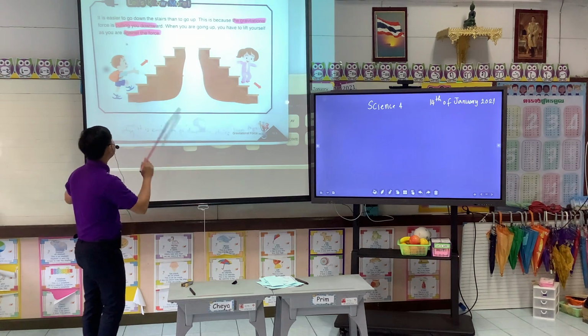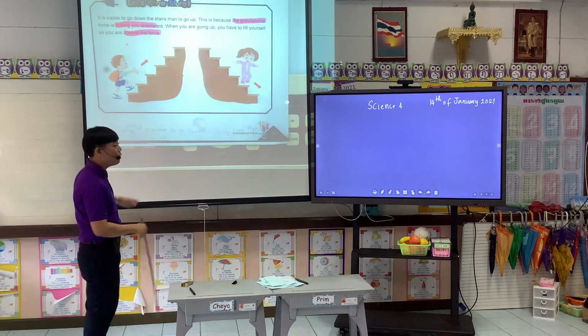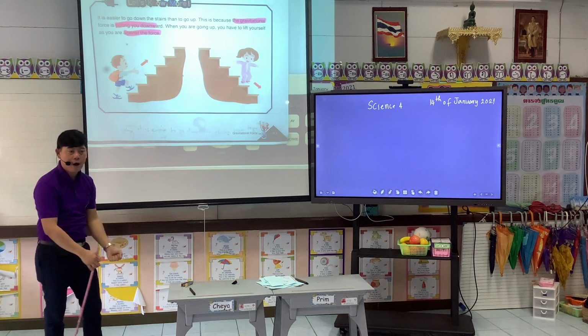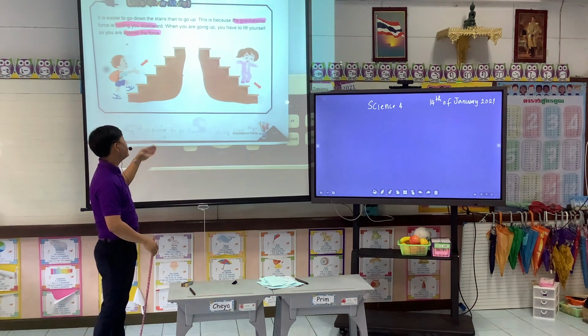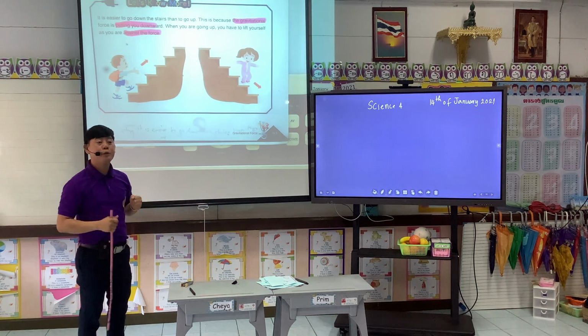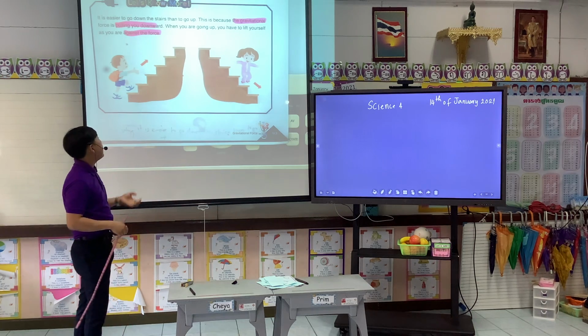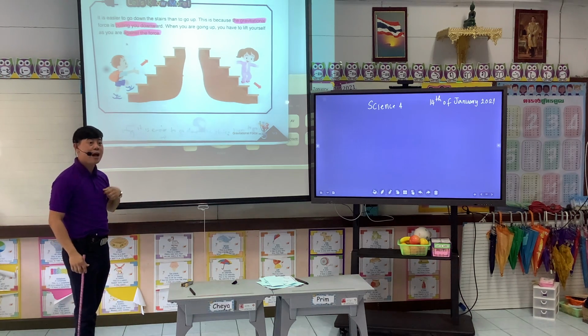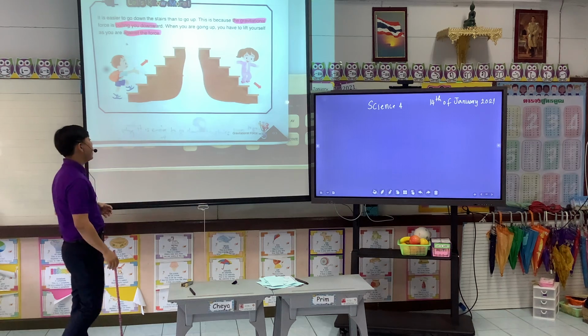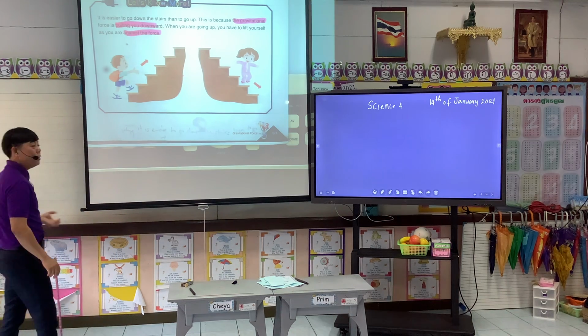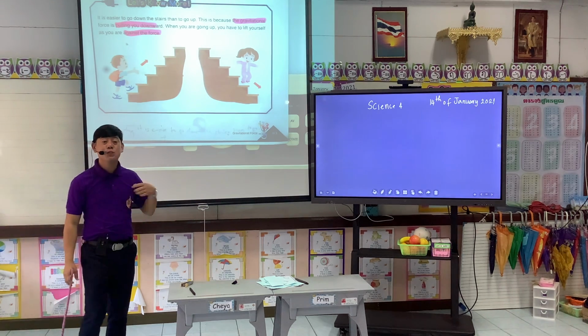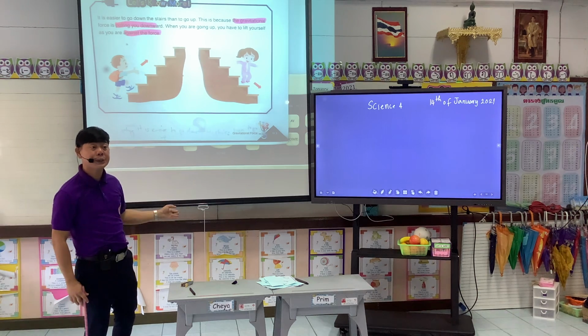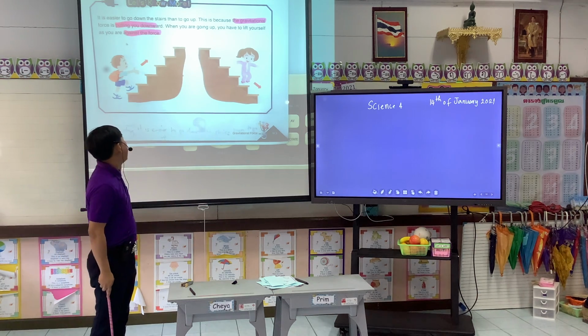Going up means you have to lift yourself up against the force, while gravity pulls you downward. So this is all about our topic today.